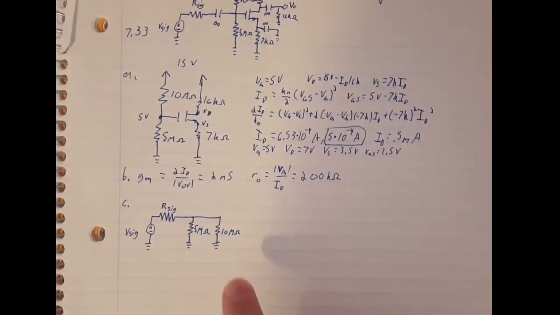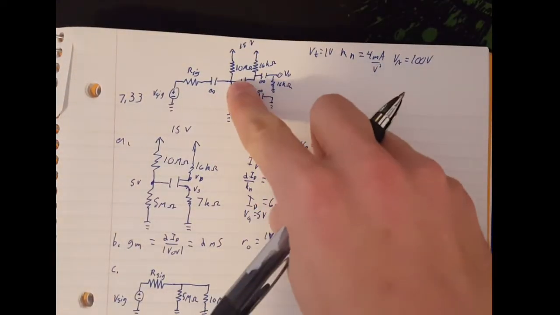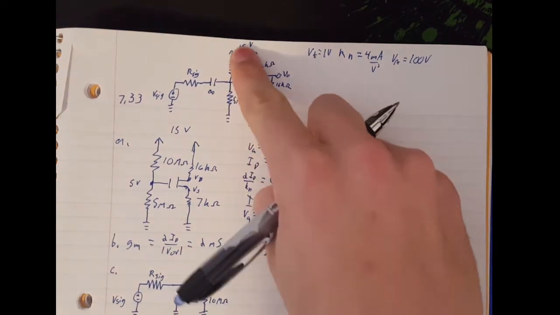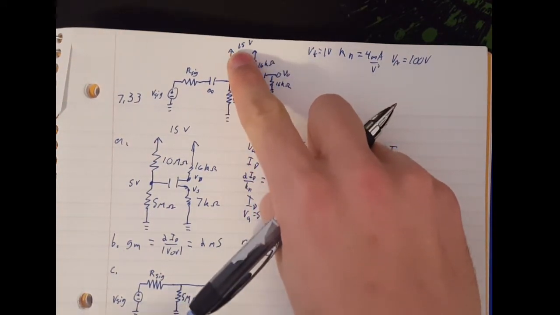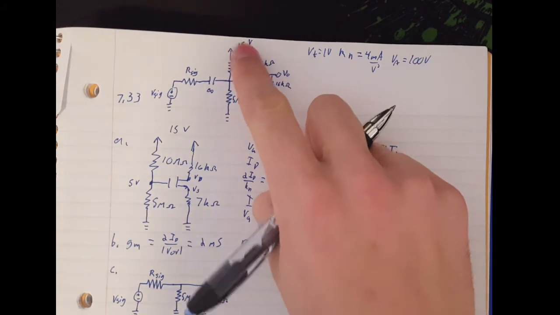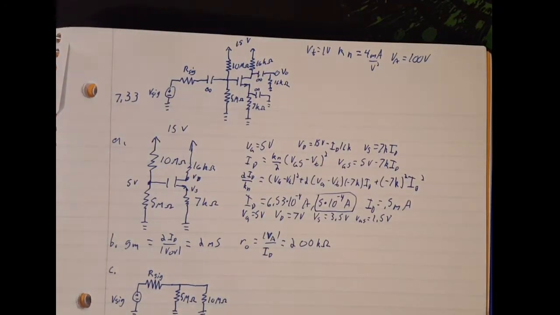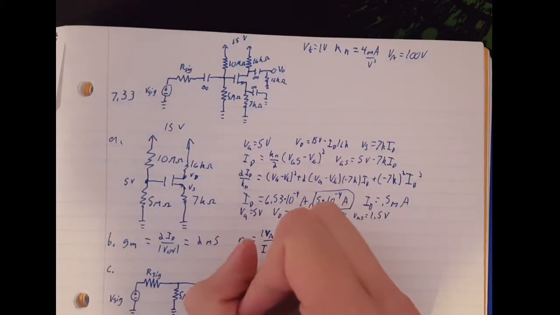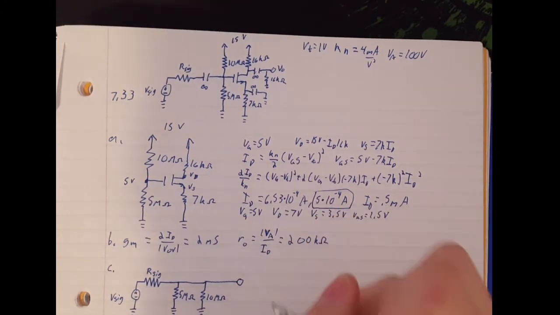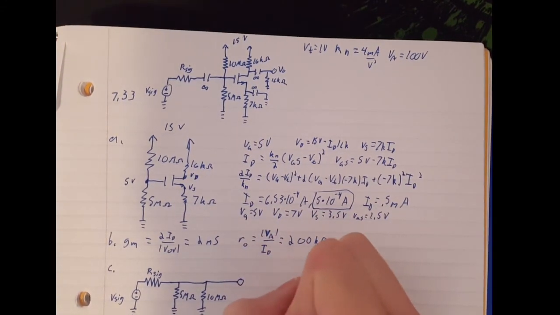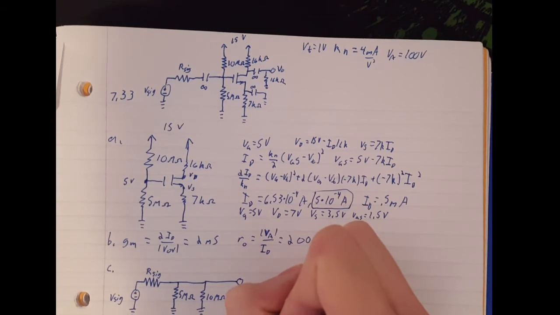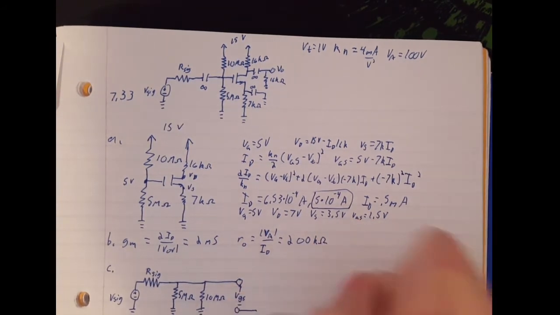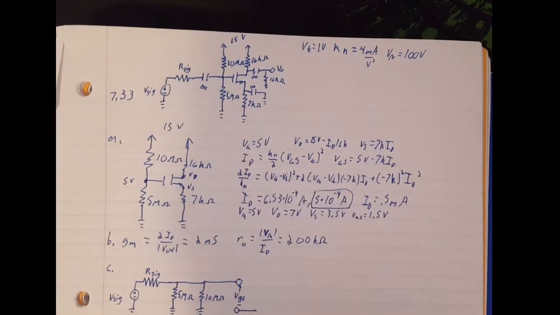Notice they're in parallel now because this is going from VG to VDD, which is ground in small signal analysis. VS is now just ground.